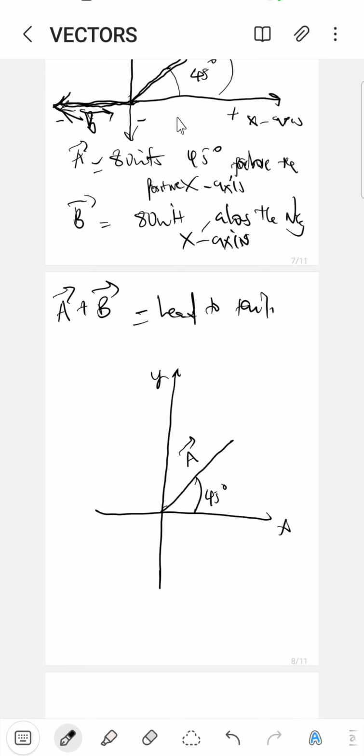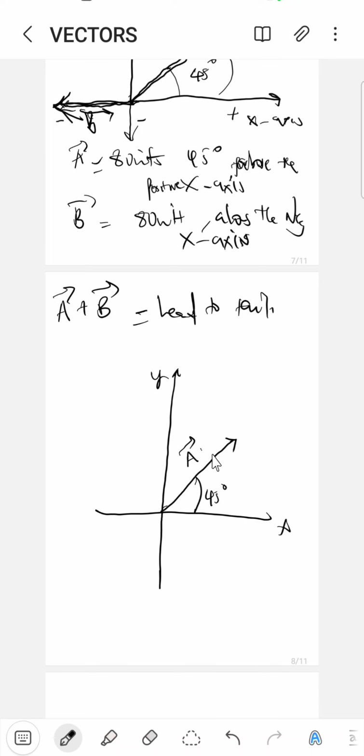Vector A is coming from origin 0, moving 45 degrees above the positive x-axis, 8 units, right?